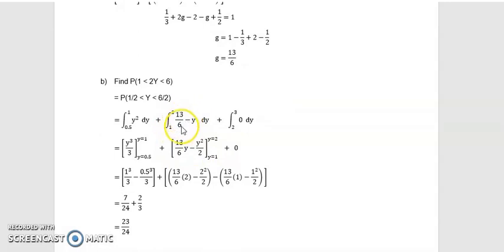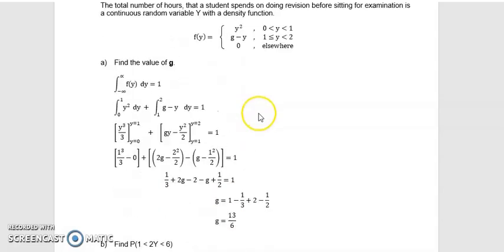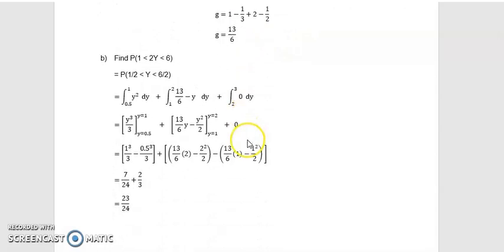So 13 over 6 minus y dy, plus, here is 3, right? Integrate 2 to 3, because 3 is elsewhere, so the function is 0. So integrate like this, 2 until 3, 0 dy.